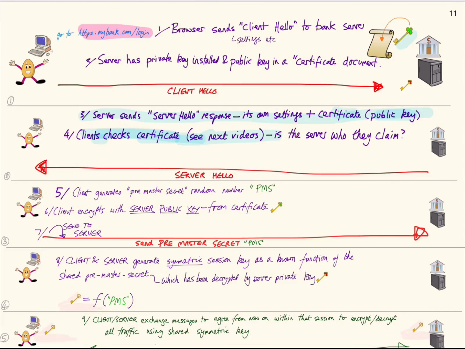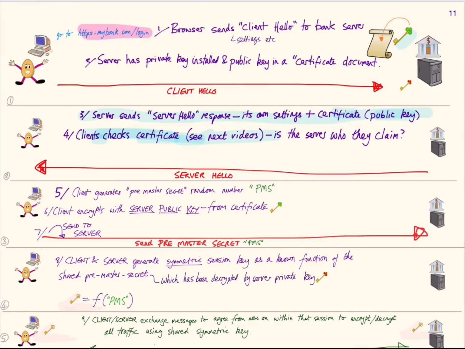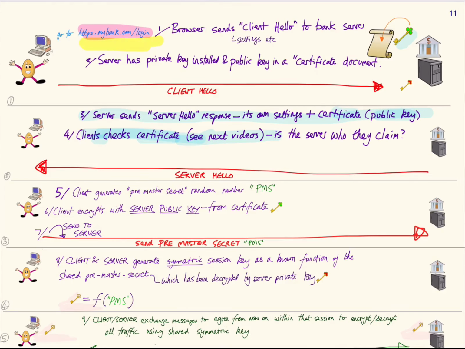Essentially, when your browser goes to, let's say, you hit HTTPS mybank.com login, what happens is your browser on your computer sends a message to the mybank.com server, and it says basically, I want to start a web session with you, but because I've said HTTPS, first of all, we need to establish a secure channel to communicate.